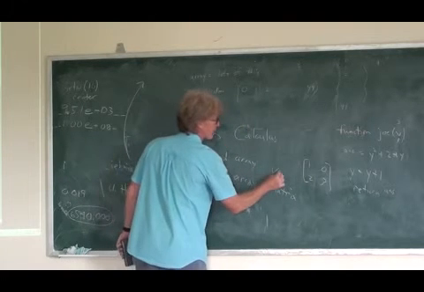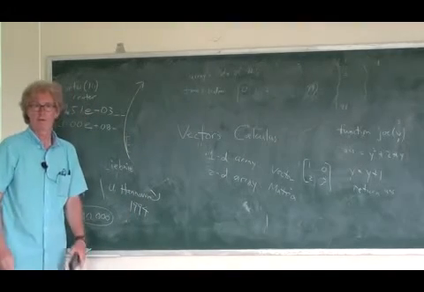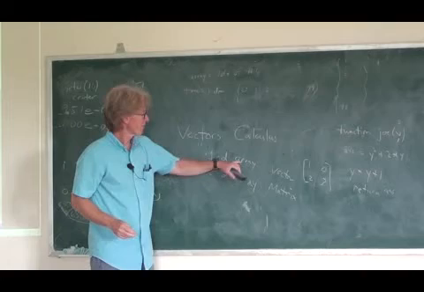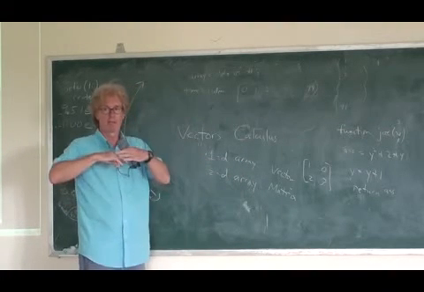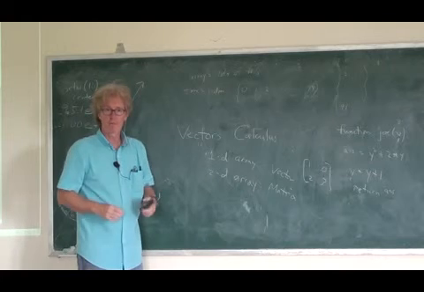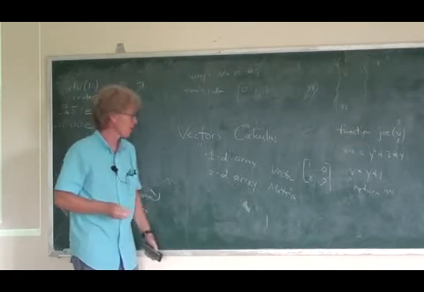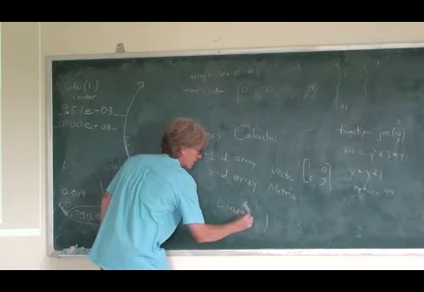A 1D array is a vector. There's a whole branch of mathematics that lets you multiply vectors, matrices, take derivatives, do the differences between them, calculate plus, minus, multiply, so on and so forth, and that is called linear algebra.